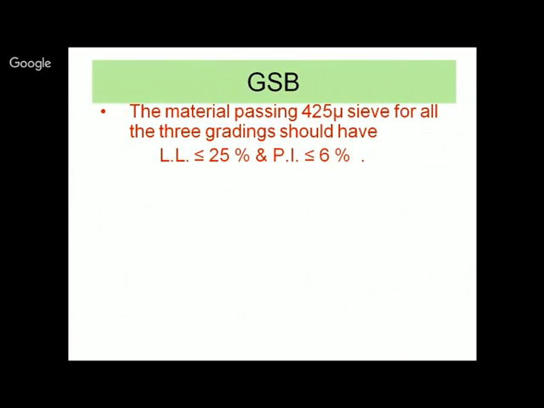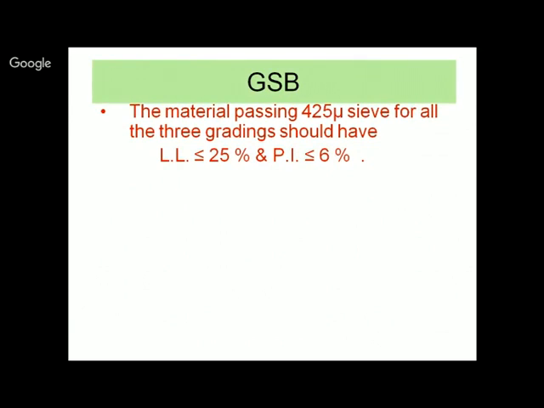Now what are these parameters? You know pretty well what are these parameters, but why do we need to satisfy them? 425 micron is the size for which you determine the liquid limit values and plasticity index values, right?